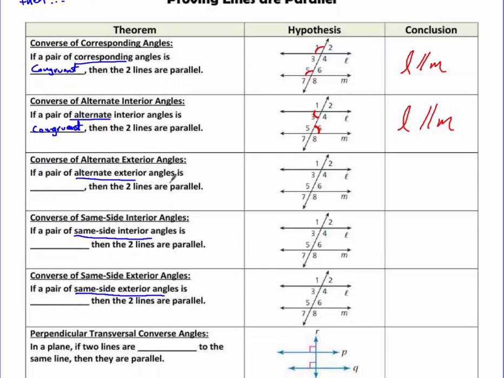If a pair of alternate exterior angles is congruent, then the two lines are parallel. So alternate exterior, angle 1 and angle 8, if those are congruent, then you can say that L is parallel to M again.